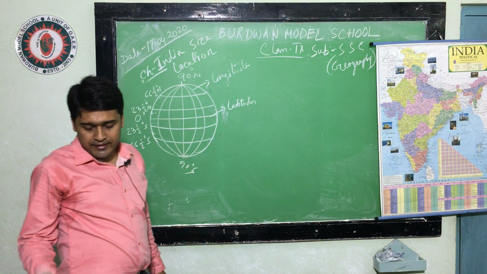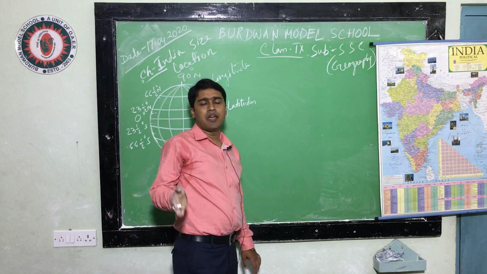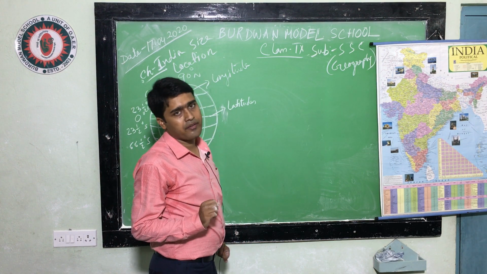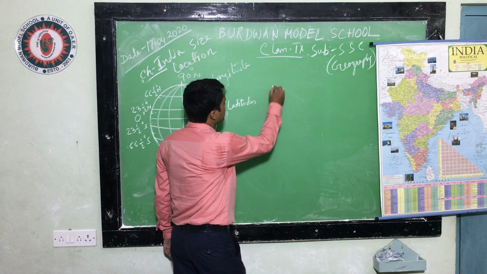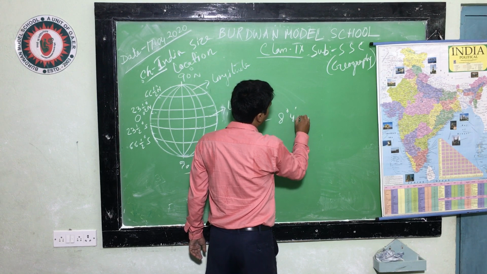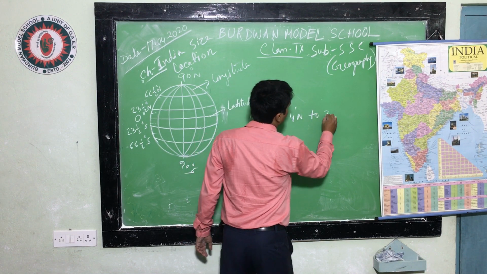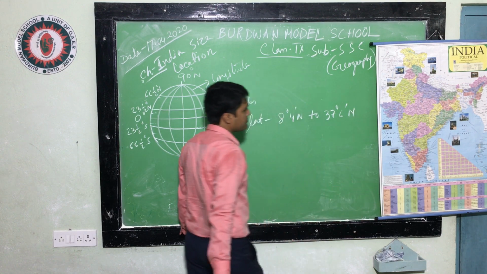When you read India's location, you have to remember the latitudinal extension and longitudinal extension of our country. India's latitudinal extension is 8 degree 4 minute north to 37 degree 6 minute north.